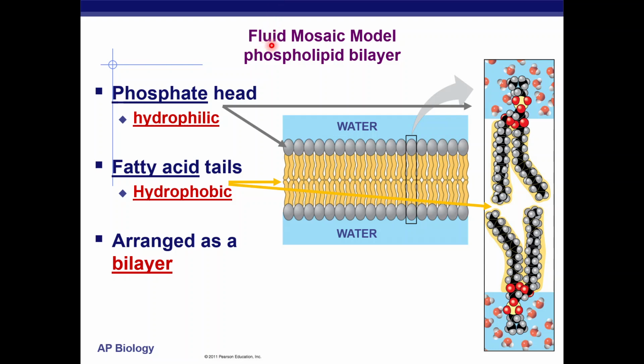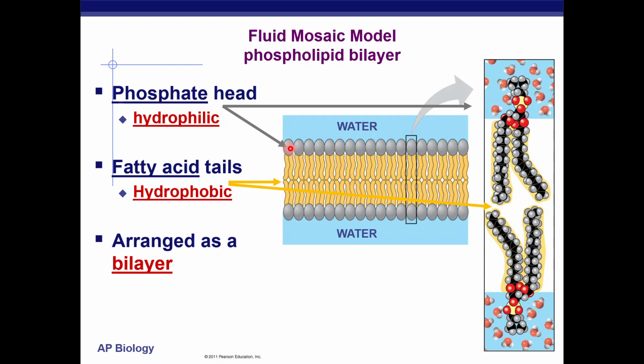The fluid mosaic model is the current model for a cell membrane. And it is composed of a phospholipid bilayer. So bi means two, so two layers of phospholipids. So this is a very simplified version of it.